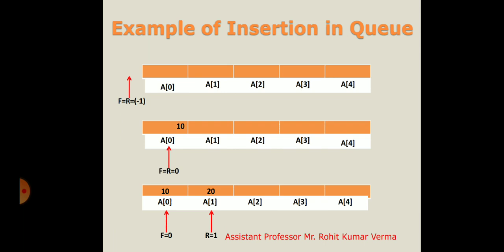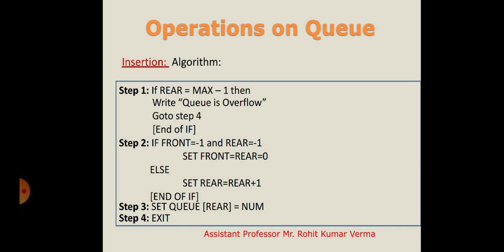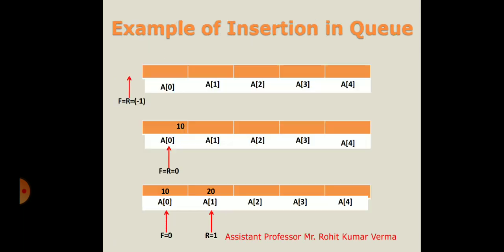So at the second step our front and rear are equal to -1, which means that our queue is empty. There is no element inside the queue. So in case of the first queue you can see an arrow where the front and rear point to -1, which means that our queue is empty.